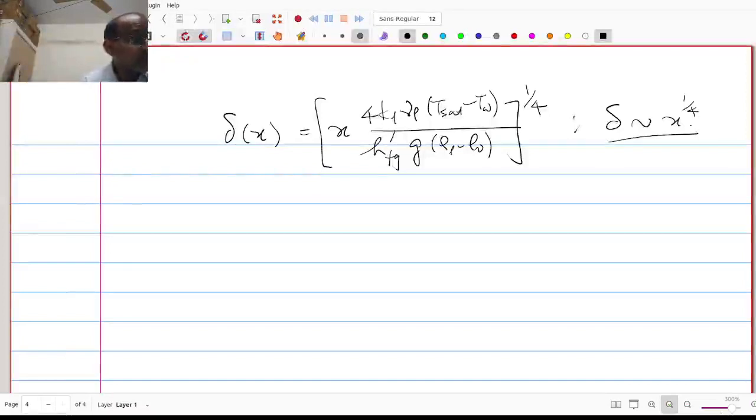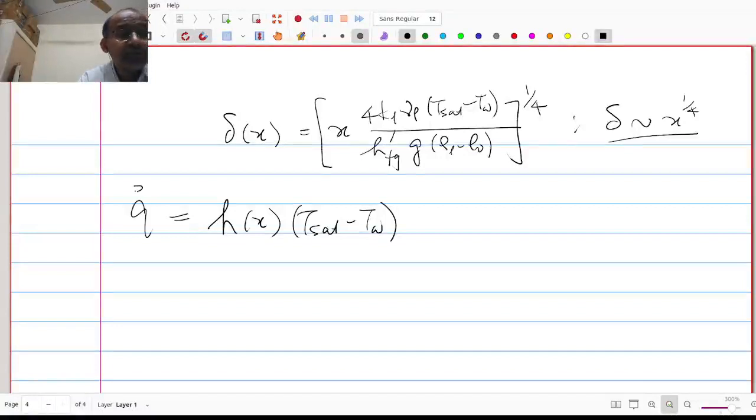Okay. So once I have got this expression, I'll be able to write h at any x. This is not the enthalpy, but this is the heat transfer coefficient. This multiplied by Tsat minus Twall is actually Q dot prime.